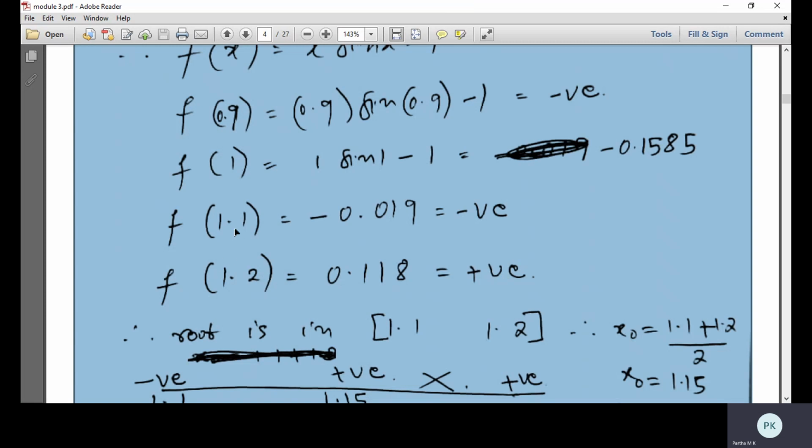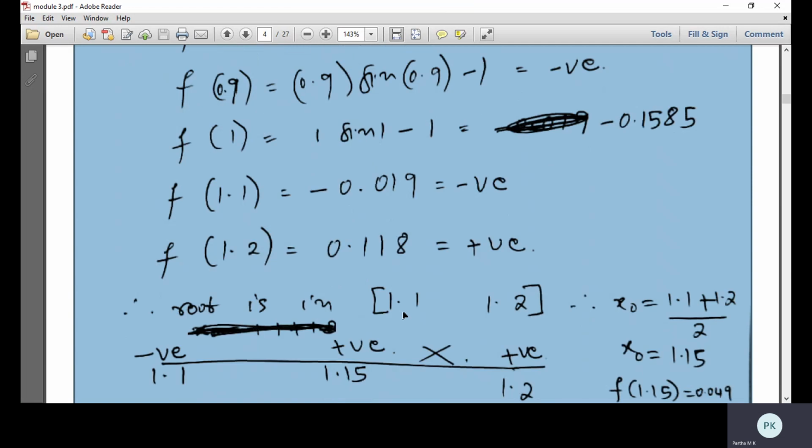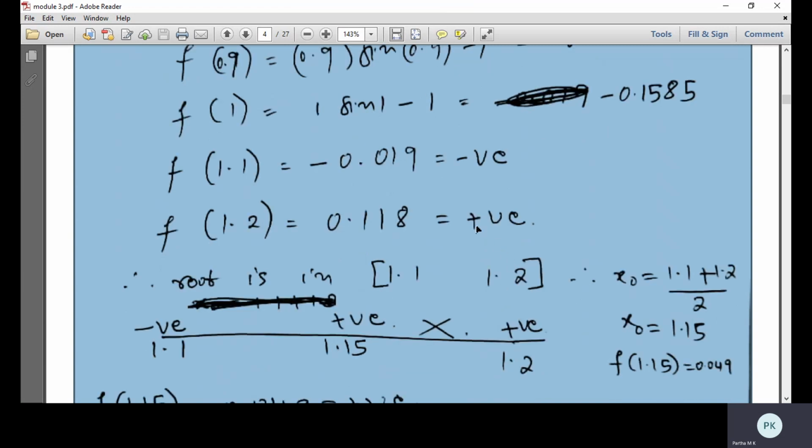So a very important point. You are choosing a very small interval 1.1, 1.2. That means A and B such that for 1.1 negative value is coming, for 1.2 positive value. Again, I am repeating. Please observe. All of you clearly observe.